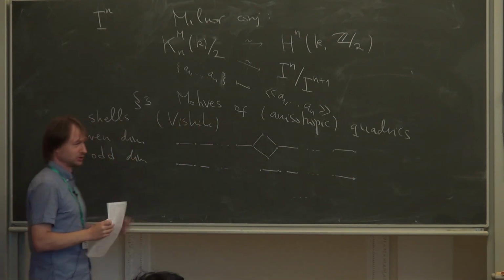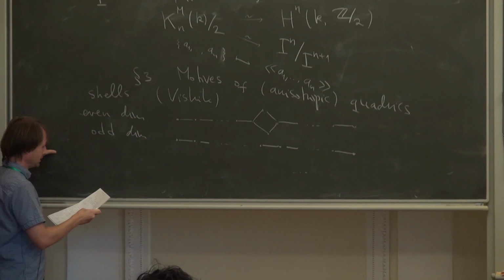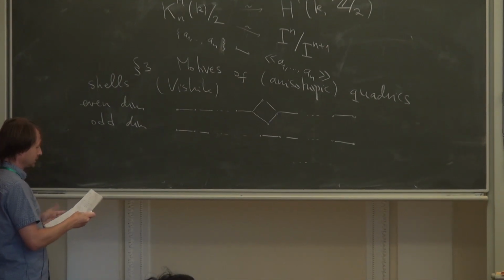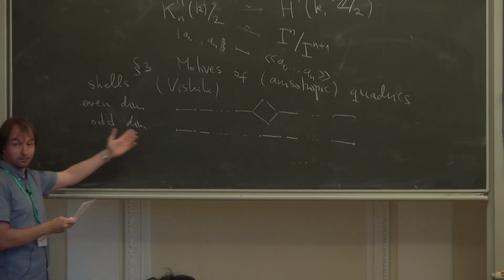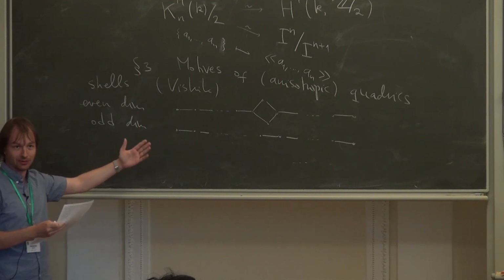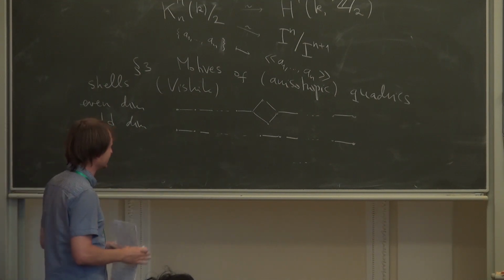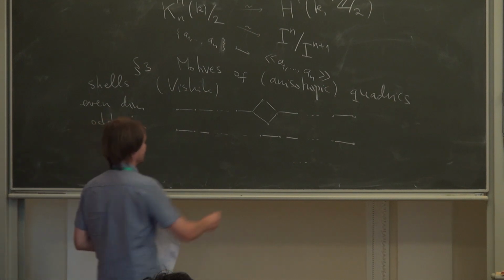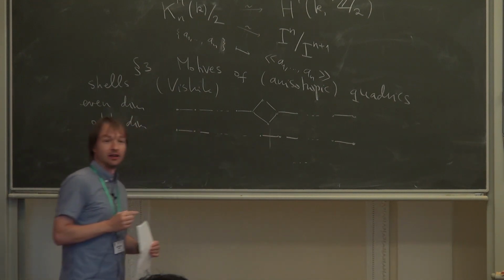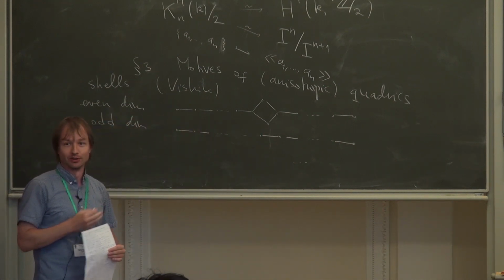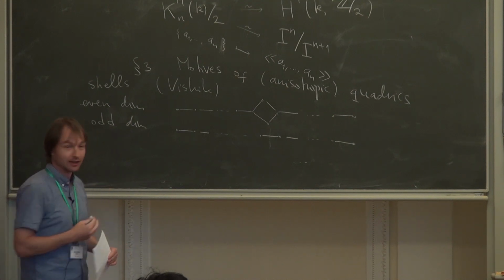There is some small difference here. Let's draw these pictures, depending on the parity of the dimension, and let us subdivide this picture into what are called shells as follows.